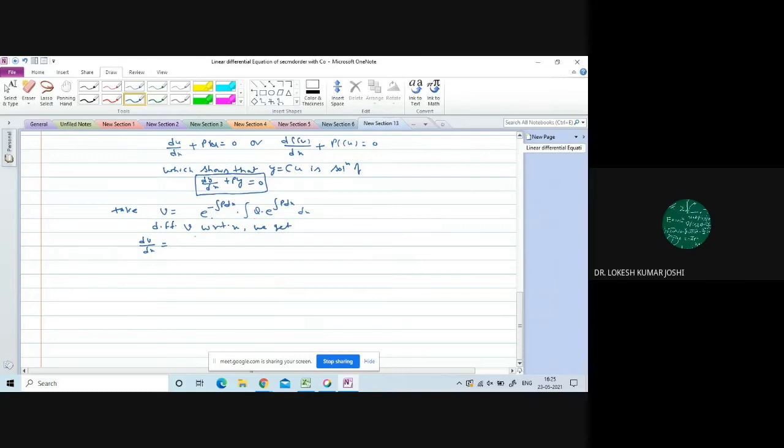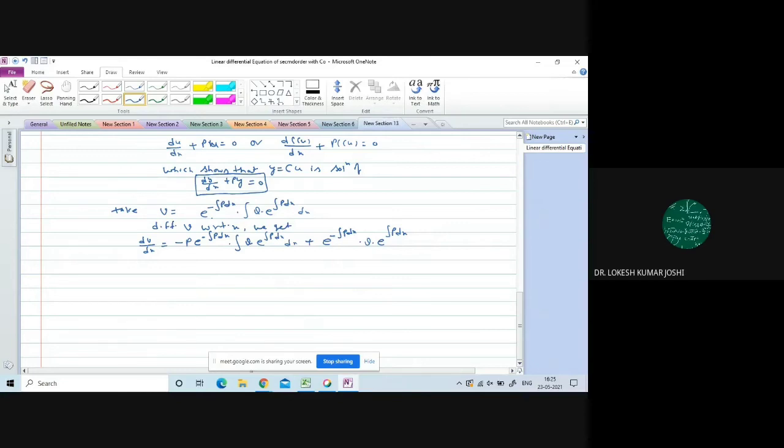It becomes minus p e to the power minus integral p dx into the integral of q into e to the power integral p dx, plus e to the power minus integral p dx into q into e to the power integral p dx. You can also integrate it. It's very simple, just apply the product rule. It is equal to this.